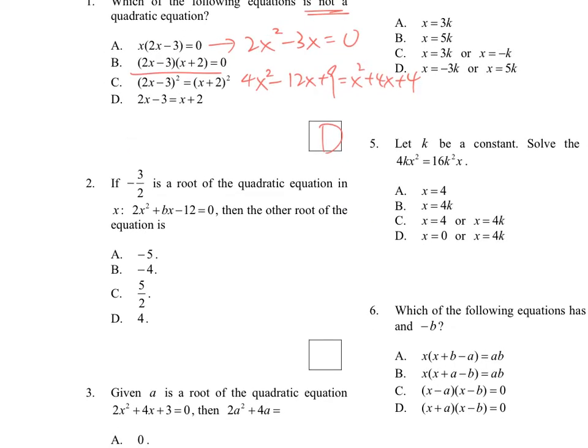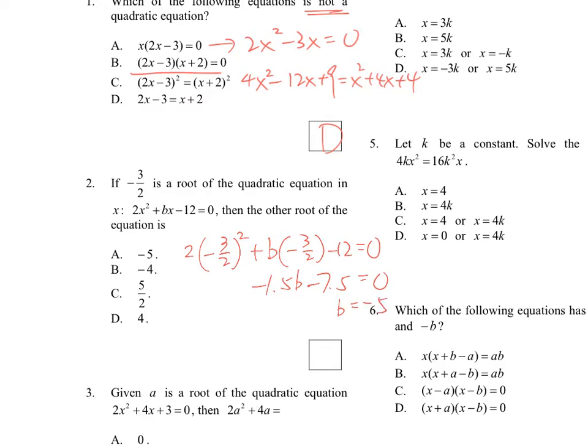For question 2, basically it is a substitution. Since this is an MC question, I am not going to write out that line. Put x equals negative 3 over 2 into 2x squared. Basically you plug in and calculate the value, and then you get b equals negative 5.